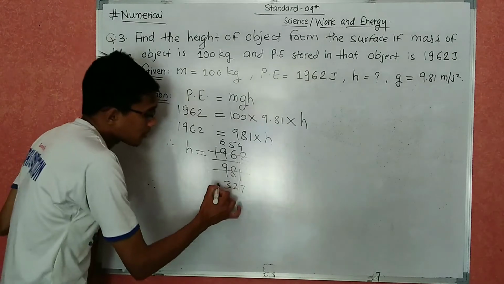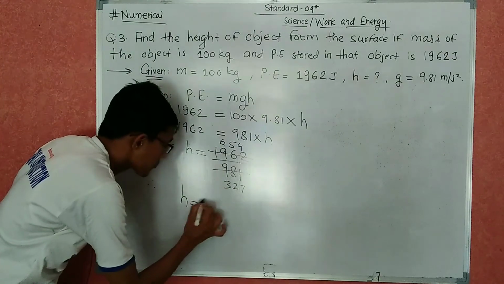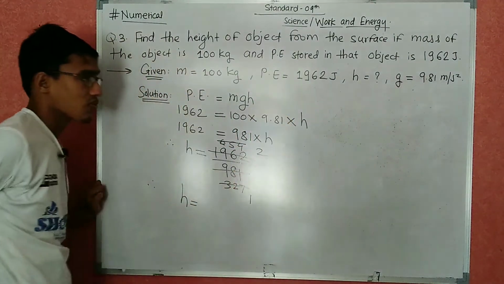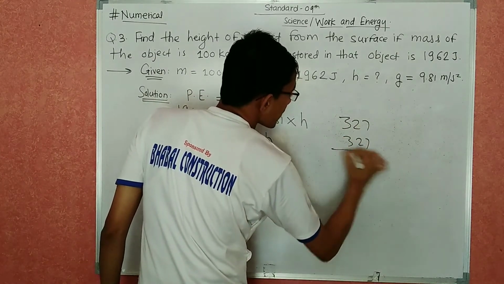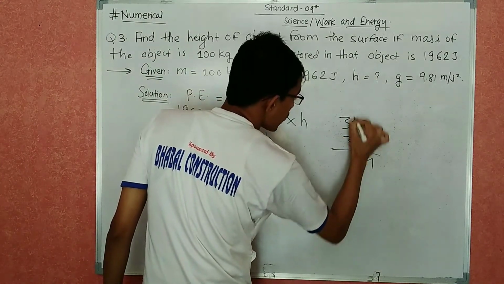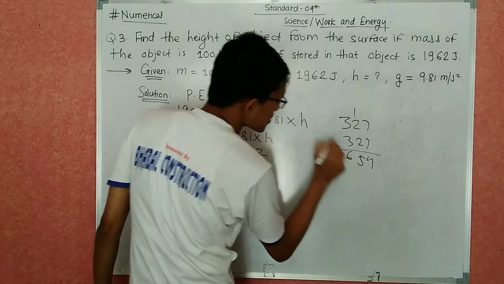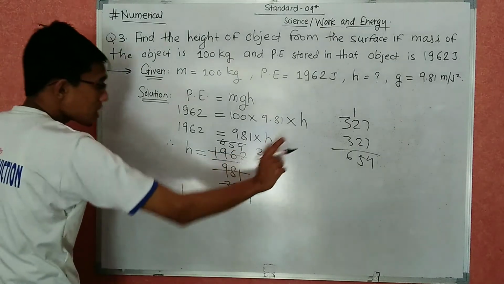So when you will divide this, we are going to get h is equals to, 327 was 327 and 327 2s are 654. So 327 was 327 and 327 2s are 654.